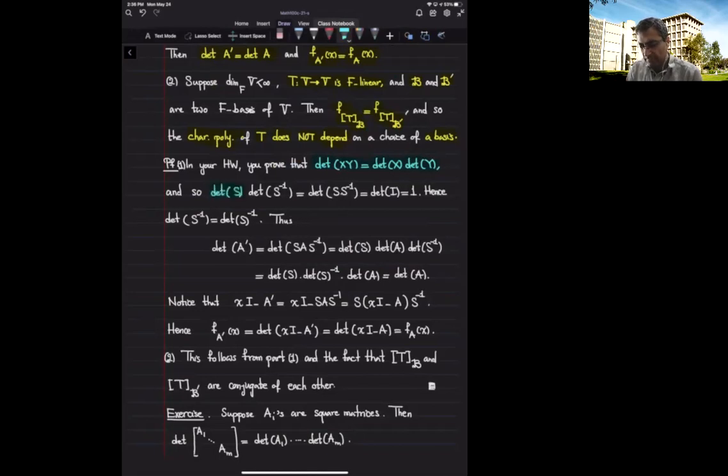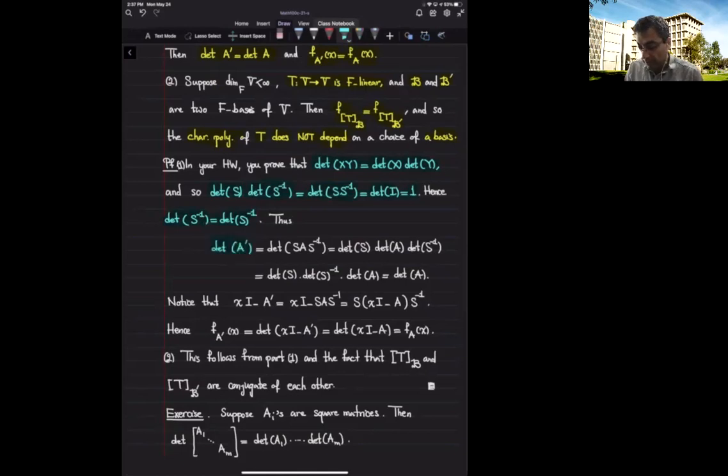The determinant of S times the determinant of S inverse is the determinant of S times S inverse, which is the identity matrix, and the determinant of the identity matrix is 1. That means the determinant of S is a unit and its inverse is the determinant of S inverse. Or I can say the determinant of S inverse is the inverse of the determinant of S.